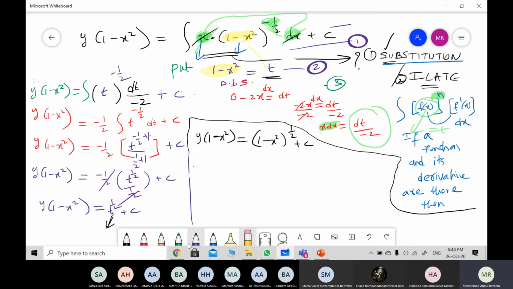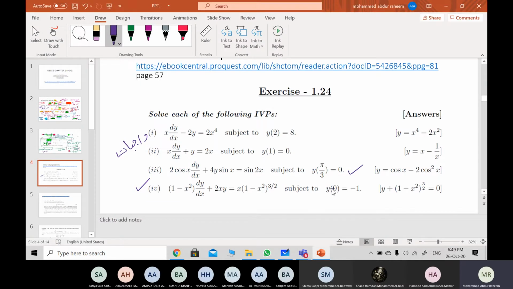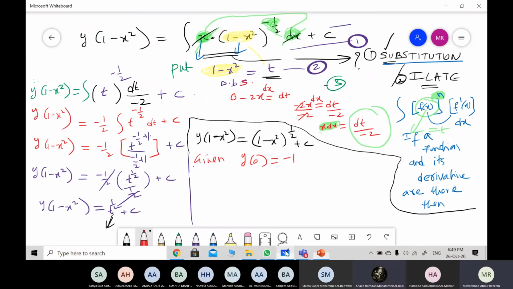Later, I need to go for the next step. What is the given condition? The given condition was y at 0 is minus 1. If you can see the question there. To find this C, my focus is to find C. So I write this for x, this for y.